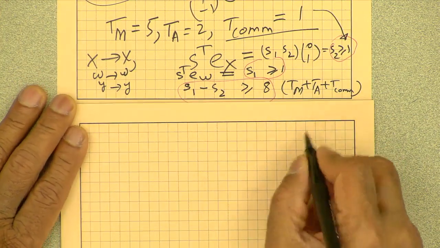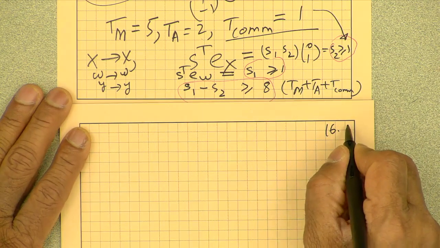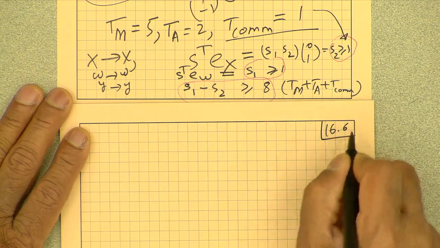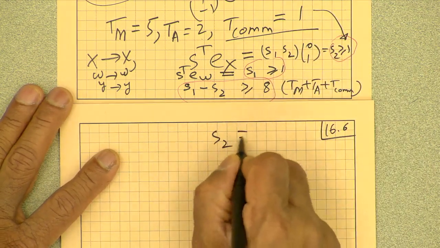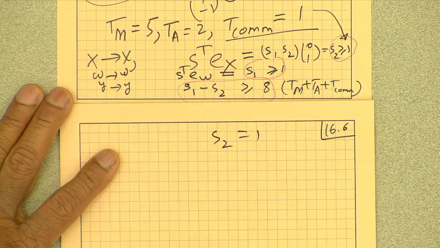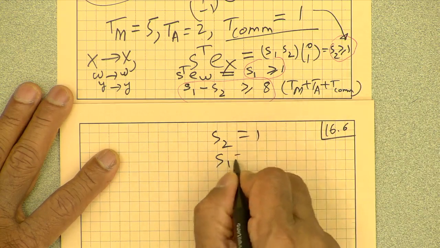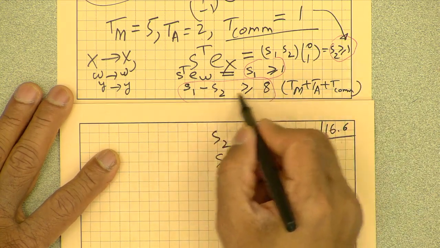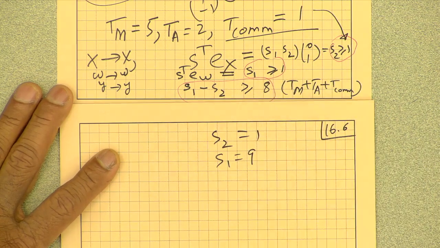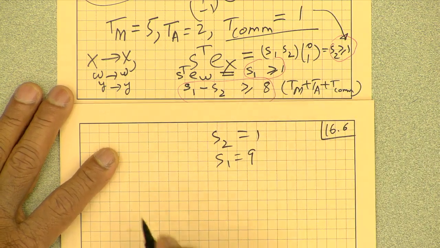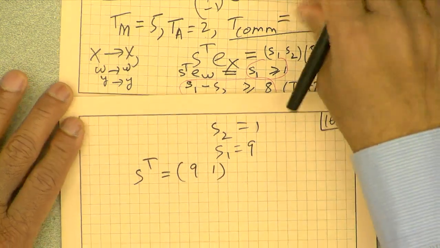We got 5 equations where we can embed the computation and communication times as constraints. So let me just pick S2 is equal to 1, which is the minimum value of S2, and then I can pick S1 is equal to 9. So S1 is greater than or equal to 8 plus S2, and that automatically satisfies greater than or equal to 1. Okay, so now S transpose is 9 and 1.